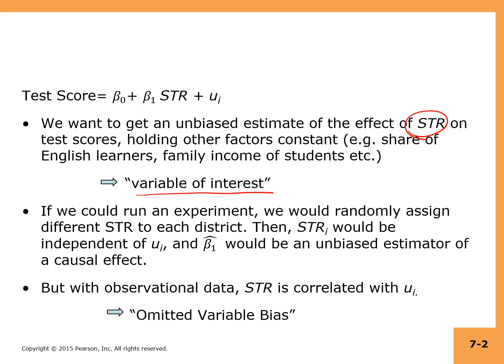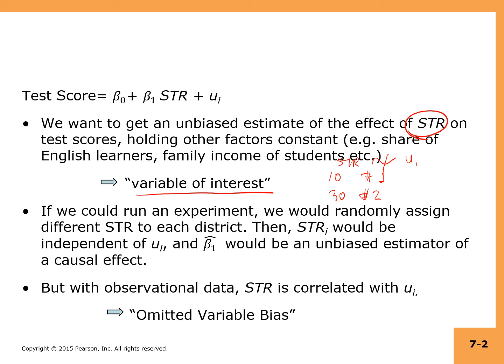Suppose we were able to run an experiment where we assign randomly different student-to-teacher ratios to each school district. So for instance, for school district 1, we assign 10 students to each teacher, and for school district 2, we assign 30 students to each teacher. Then in this case, the student-teacher ratio will not be correlated with whatever is in u_i.